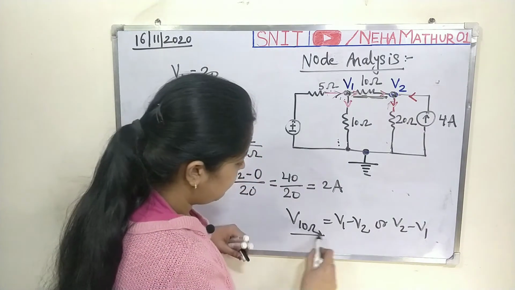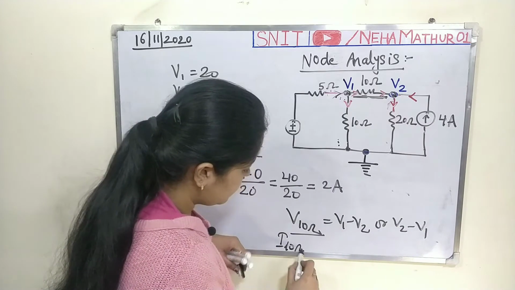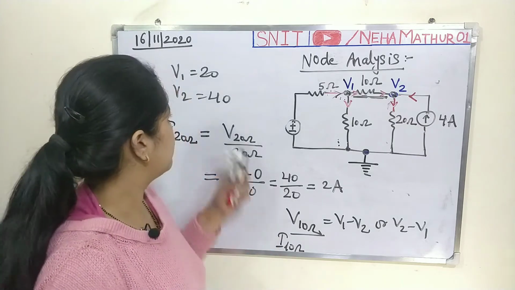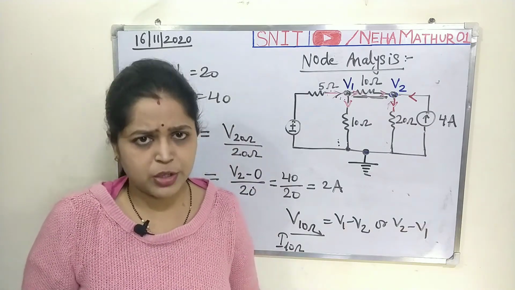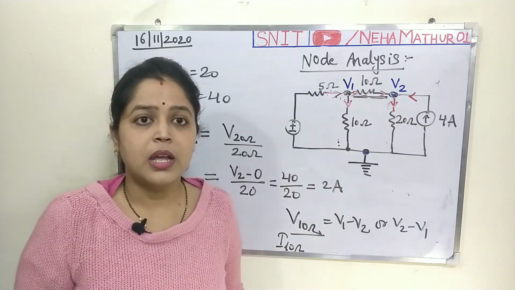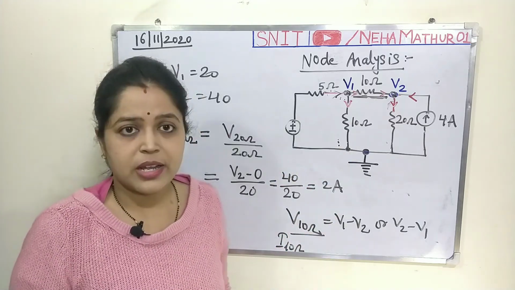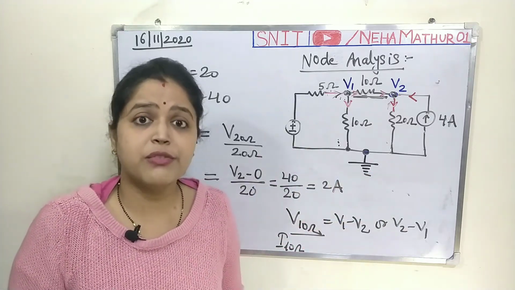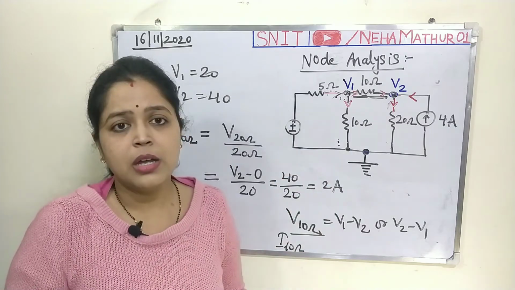Similarly, you can find the current also. So once you have done the calculation of these two variables V1 and V2, it will be easy to identify the voltage drop across any branch or the current flowing through any of the branches.